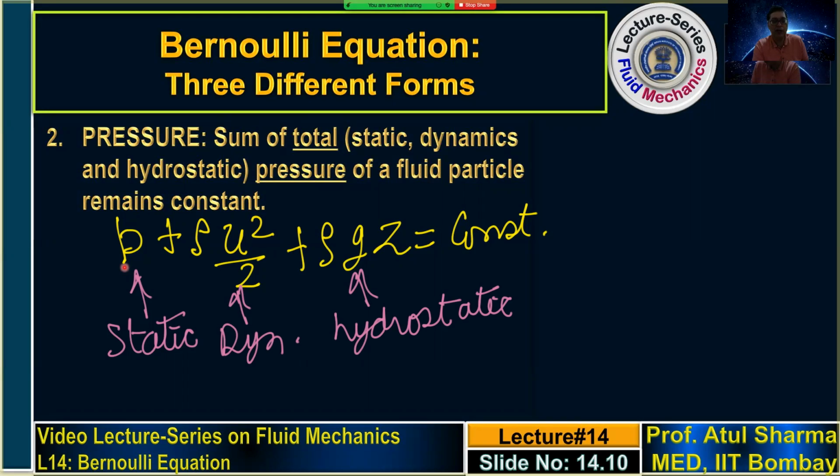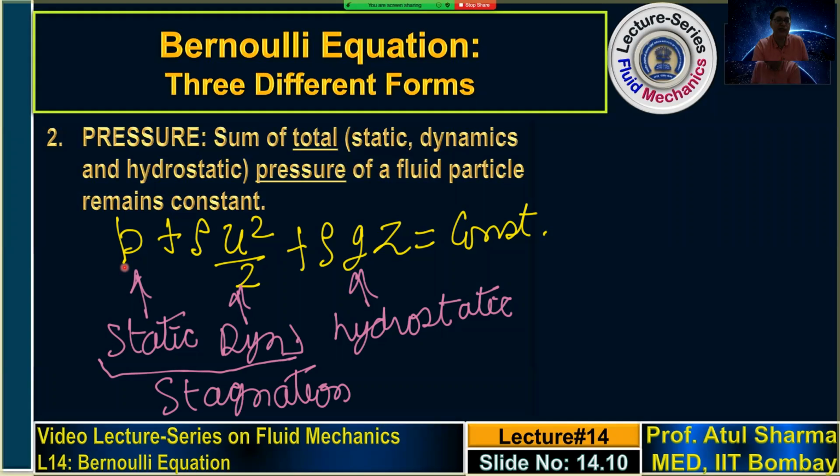We'll also consider another measuring device called a pitot tube, which is used to obtain the combination of the static and dynamic pressure, which is called the stagnation pressure. Note that this is the pressure form of the Bernoulli's equation, where there are three pressures: static pressure, dynamic pressure, and hydrostatic pressure.